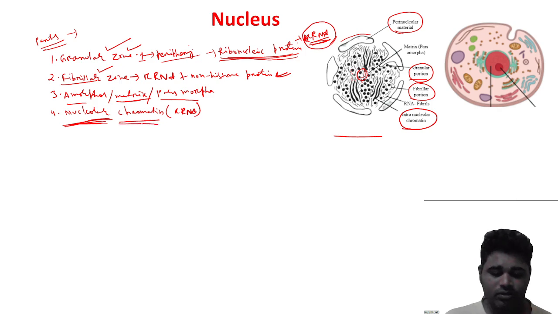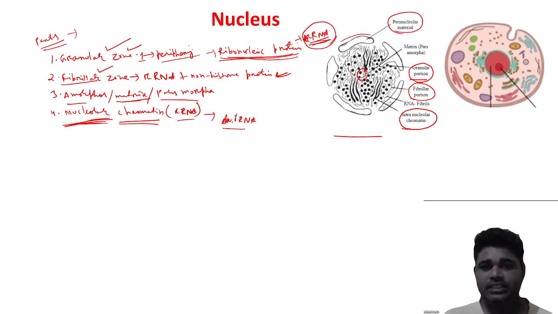So the nucleolar chromatin means here the rRNA or tRNA. So these rRNA and tRNA are mainly present in the nucleolar chromatin along with some DNA structure.